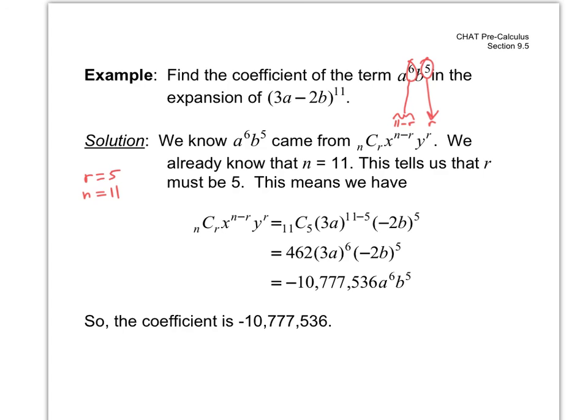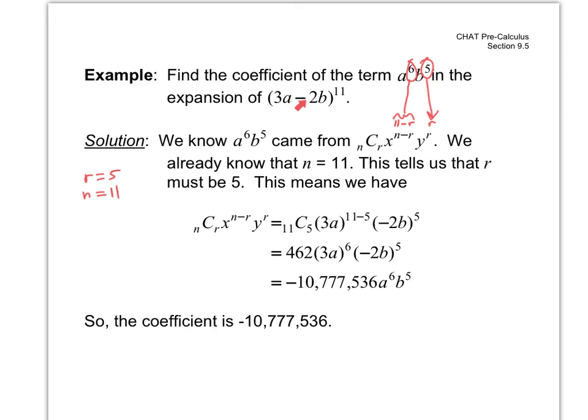Okay, so when I fill these two numbers in over in my formula, I get 11C5, and now instead of an x, I've got a 3a. So that's why this is a 3a instead of an x. But 11 minus 5, I know that's going to be a 6, and this is going to be a 5.